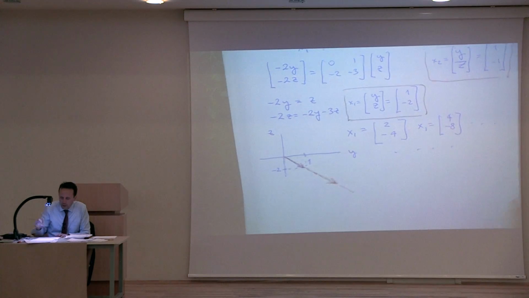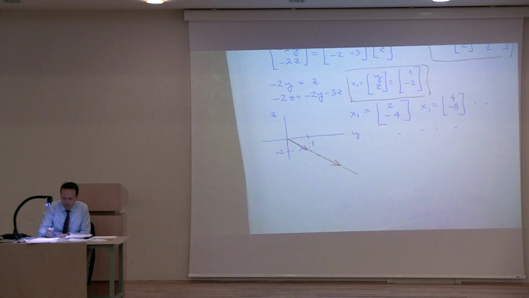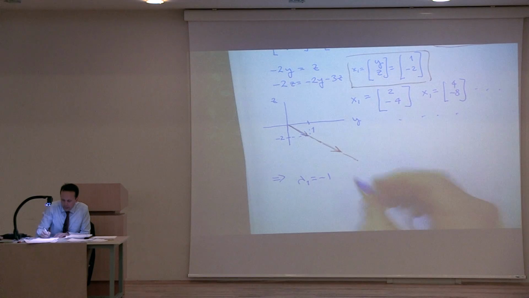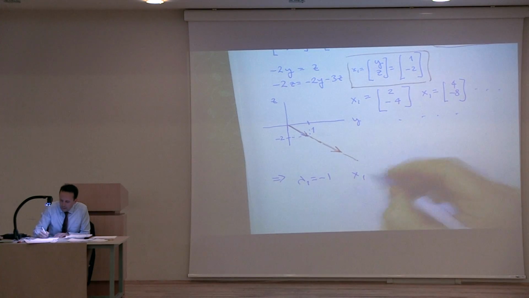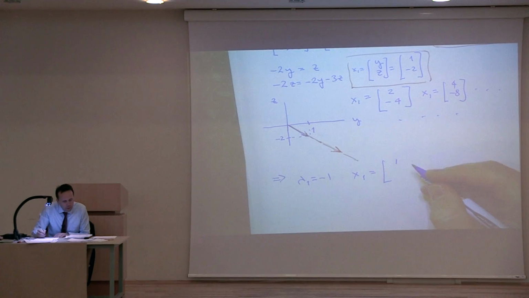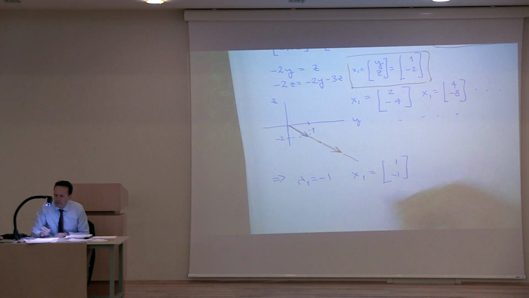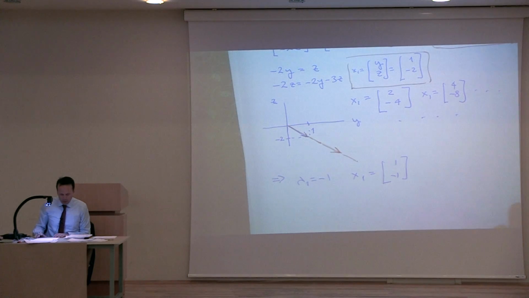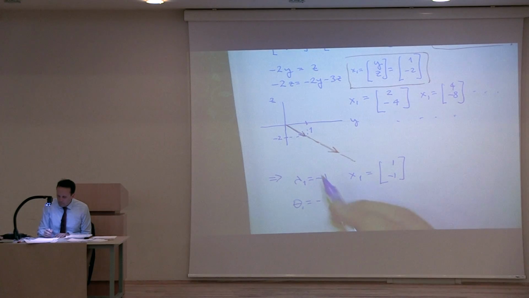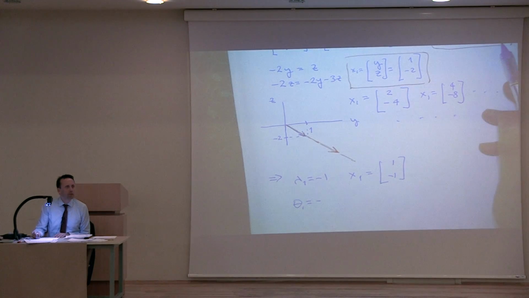For instance, let's start here. The first solution I found for my problem is lambda 1 is equal to minus 1 and x1 is equal to 1, minus 1. That's the right solution, right? So theta 1 will be equal to... Did you find this or not?